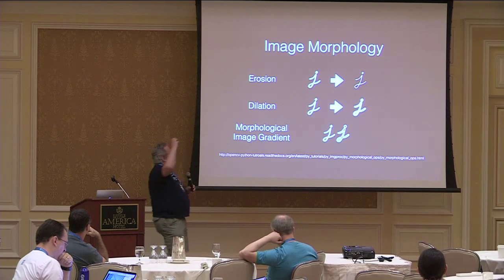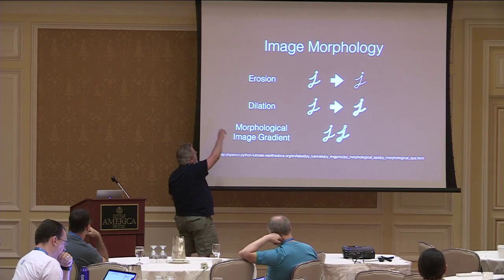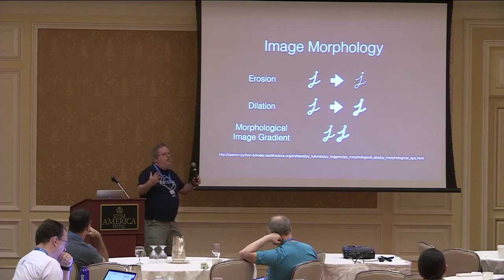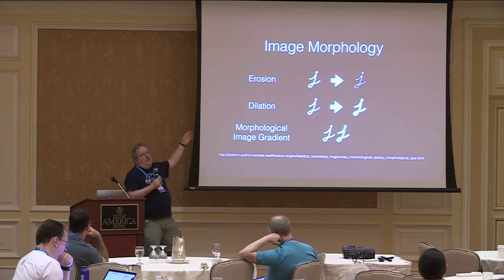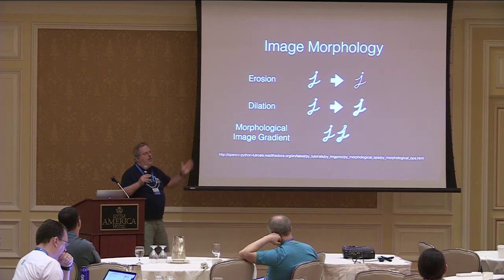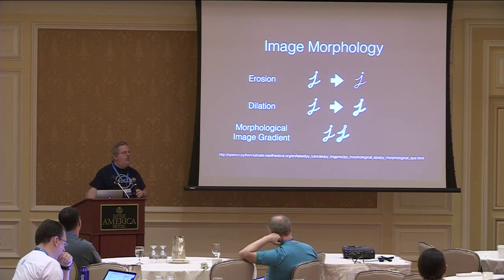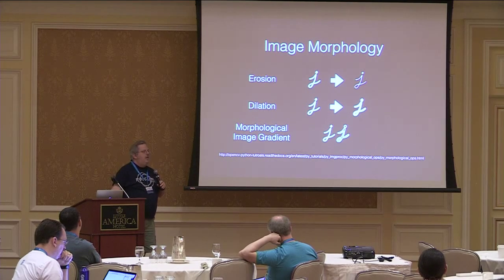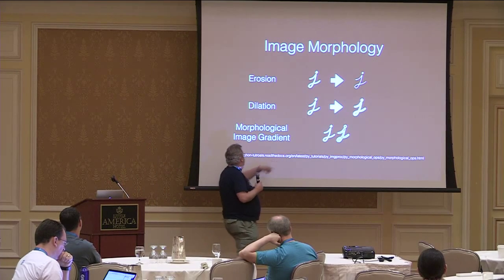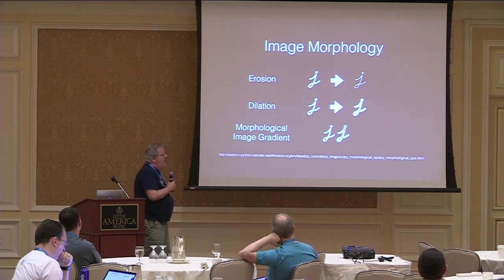So then the trick is that if you take two images, one where everything's dilated, made a little bit fatter, and another where you erode things, you make everything a little bit thinner, and you subtract the two, you get a good estimate of what the outline of all the objects in the scene are, which is shown here. And these images are all from OpenCV Python tutorials, because there's pretty good support for OpenCV in Python.